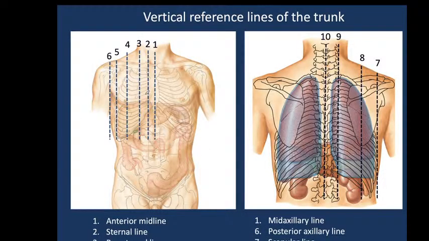For the respiratory system and for the heart, these organs located in the chest, we use different vertical lines. We call them vertical reference lines in our body, in our trunk. Two of them, 1 and 9, are unpaired lines.